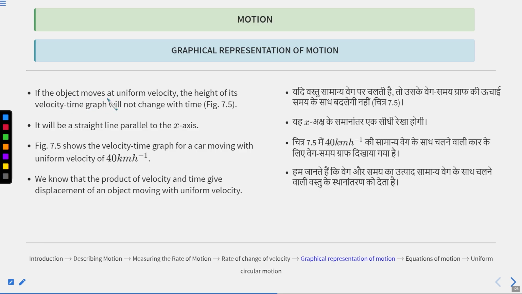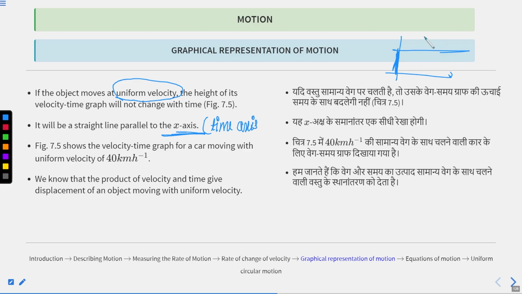If the object moves at uniform velocity, the height of the velocity time graph will not change with time. Height means this distance will not change with time if the motion is uniform, or the object is moving at uniform velocity. It will be a straight line parallel to the x-axis or time axis.